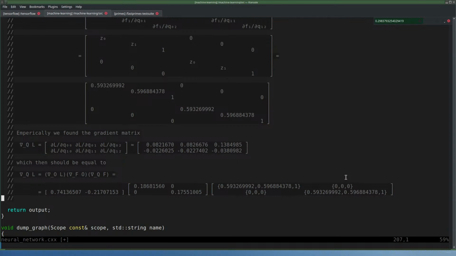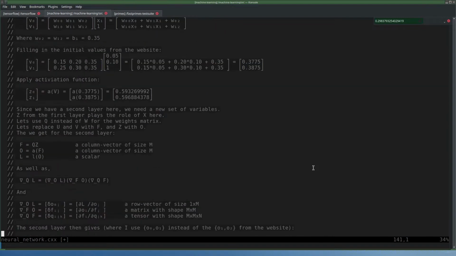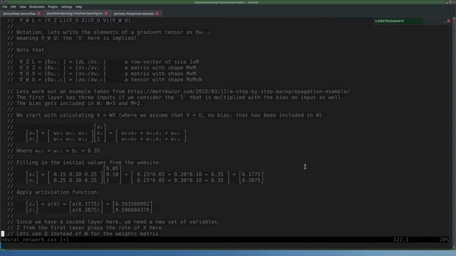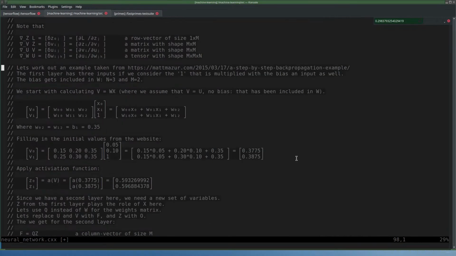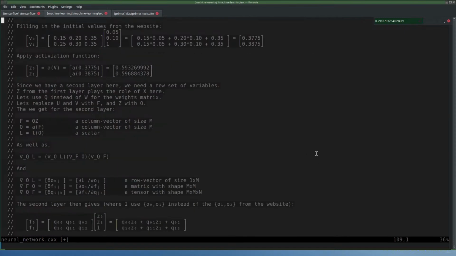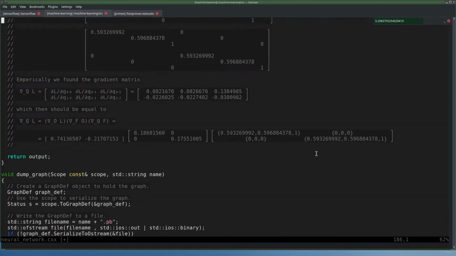Or it's the same as 2x3, and that should be equal to the shape of W or Q. And that is 2x3, so that seems to be correct. Should get the correct shape at least.